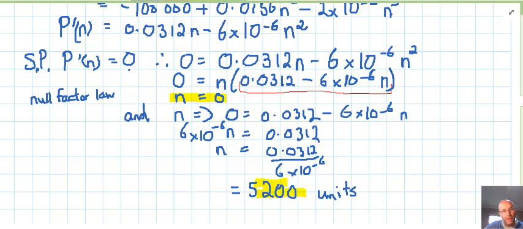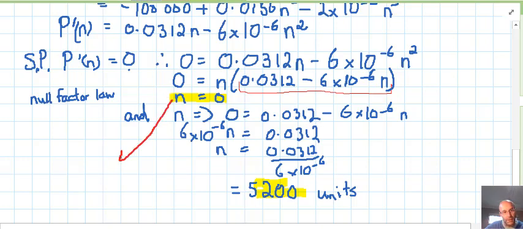Now, a bit of reasoning here would not go astray. What's with the n equals 0? Well, you could test that and you'll find that it's a minimum. But using just direct reasoning, that's the minimum. So a stationary point will give you maxes and mins. That's a minimum. It's pretty obvious, so I'm not going to even test that one.